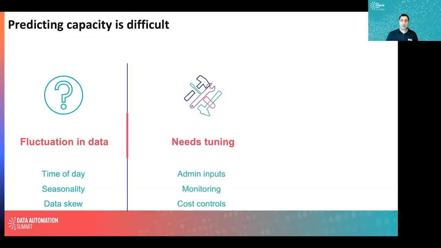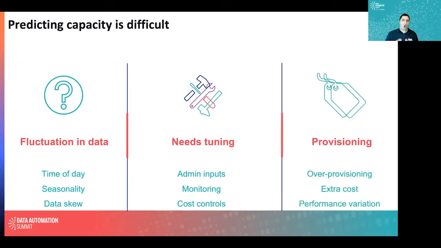Additionally, in order to reduce cost, we spend a lot of engineering time tuning that cluster, monitoring for cost controls, and just trying to squeeze every penny out that we can. And this all leads to over provisioning, extra cost, and performance variation, because you're changing the code for tuning. The data is constantly changing. And so you have to give and take, and usually you over provision to ensure that the thing works.